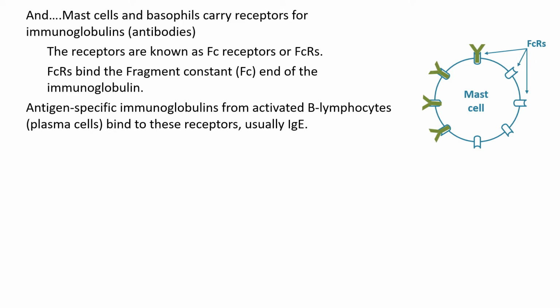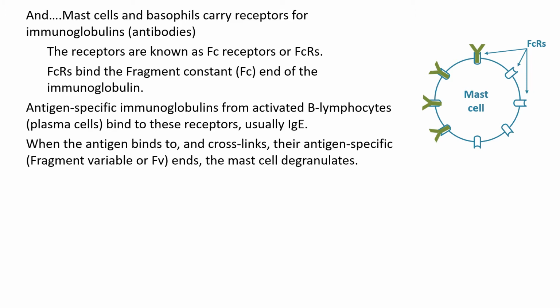In allergic responses, we're primarily talking about the immunoglobulin IgE. So when the antigen binds to these specific fragment variable or Fv ends and cross-links 2 antibodies that are bound to the mast cell, this stimulates the mast cell to degranulate.